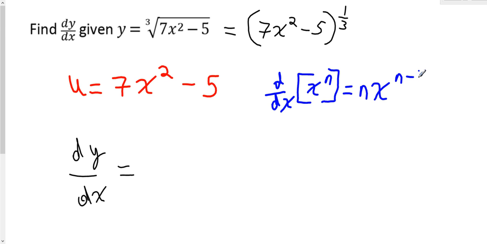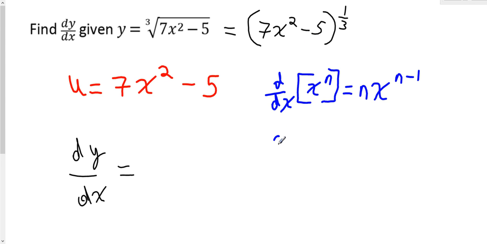That's the simple power rule. But in this case, we can't use the simple power rule because we don't have x to the nth power. What we have is some function of x, u to the nth power. So we have to use the chain rule version.